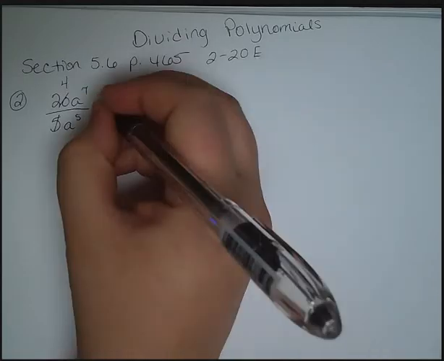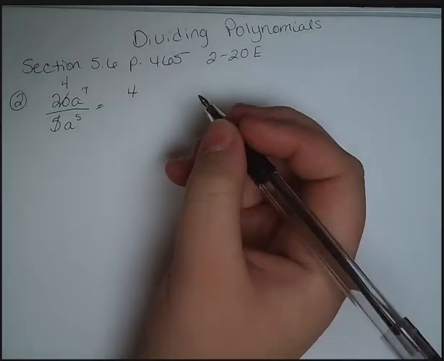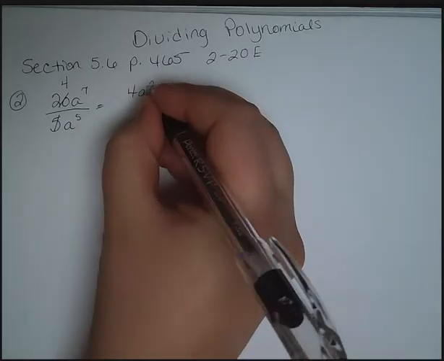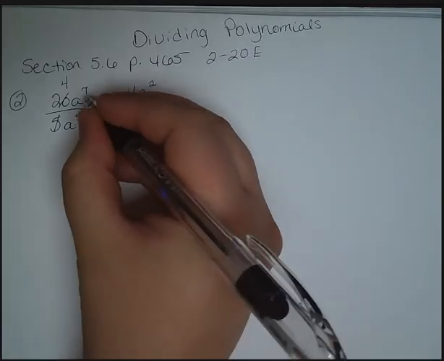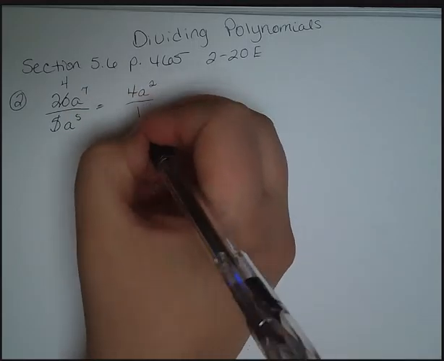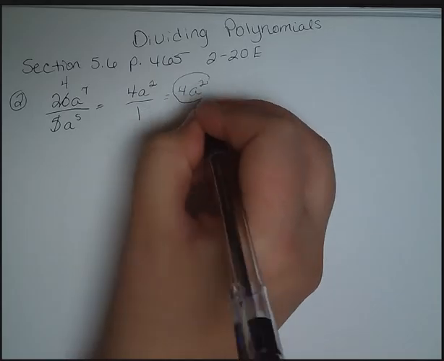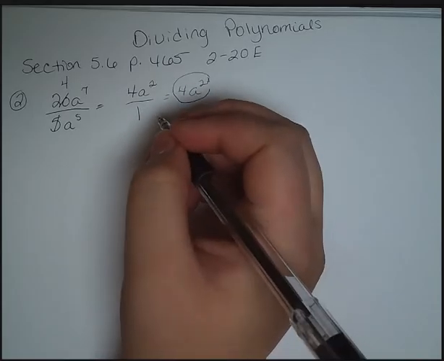And then you've got a to the 7th divided by a to the 5th. Well, that gives you an a squared on top because 7 was larger than 5. So remember, do not put your answer over 1. You want it just to be 4a squared because that is in the simplest form.